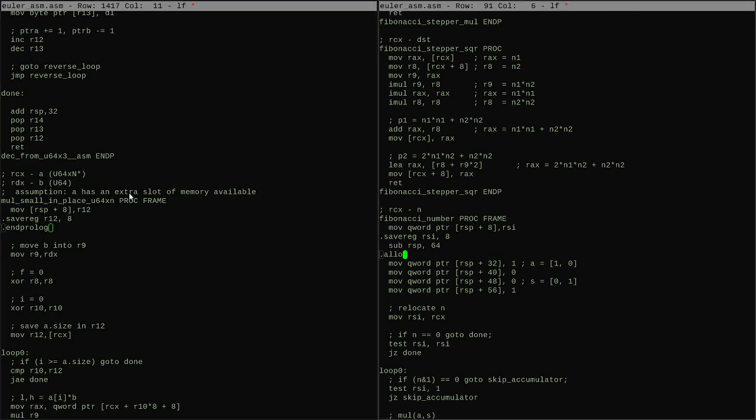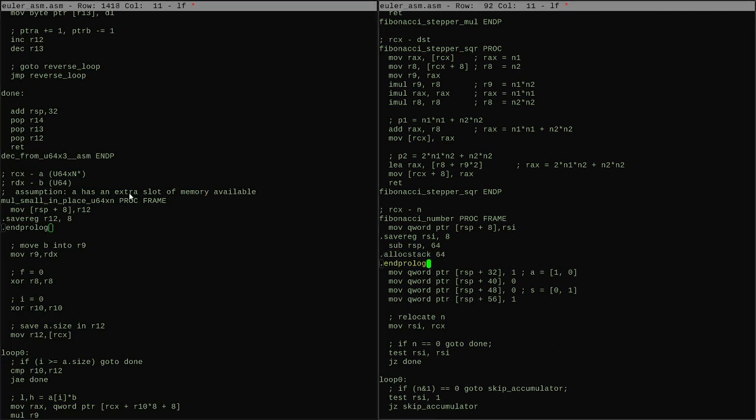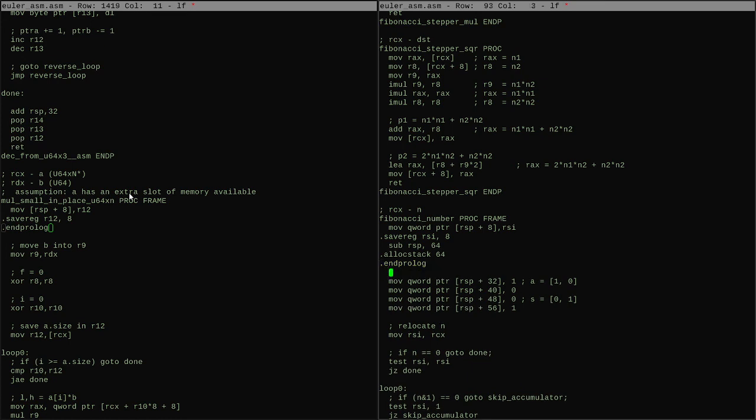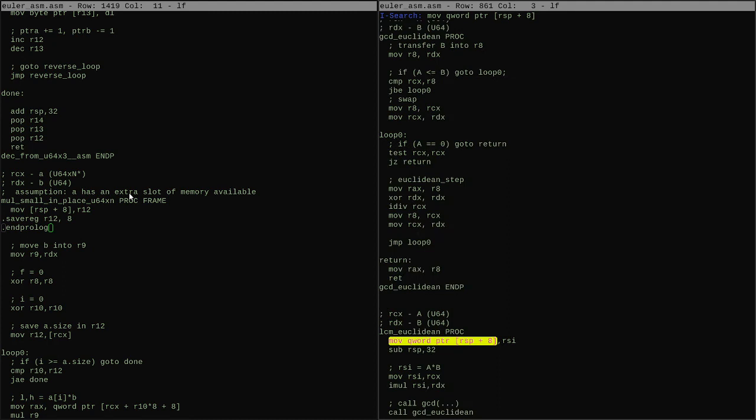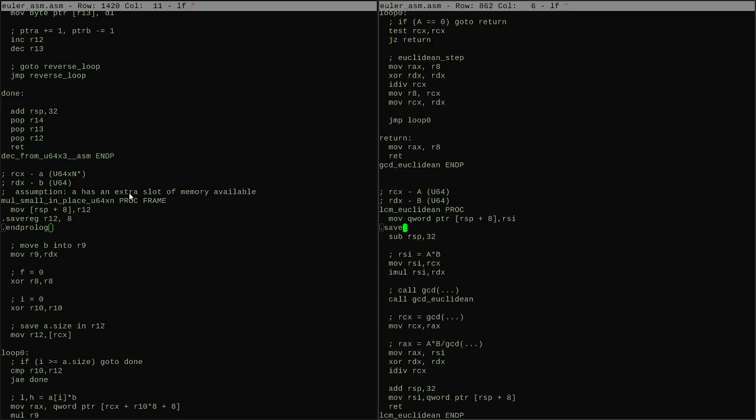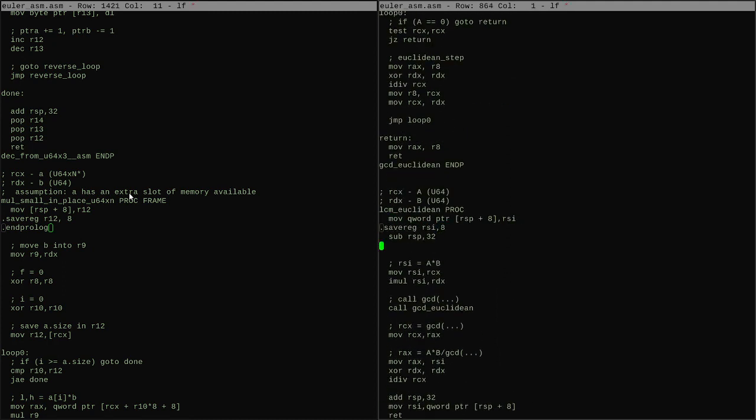Let's see, this is alloc stack 64 and prologue frame there. So let's see. Mov keyword putter RSP plus 8. Here it is again. Save reg RSI at 8.